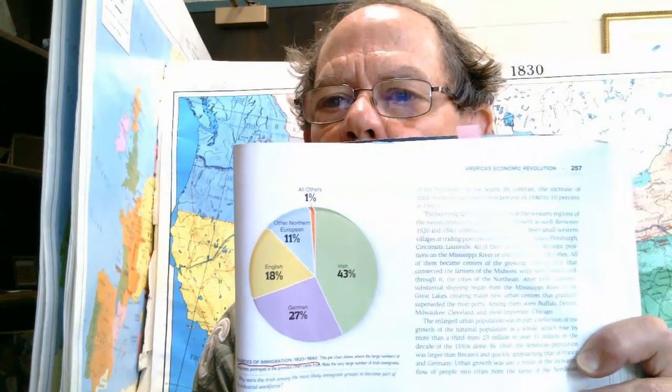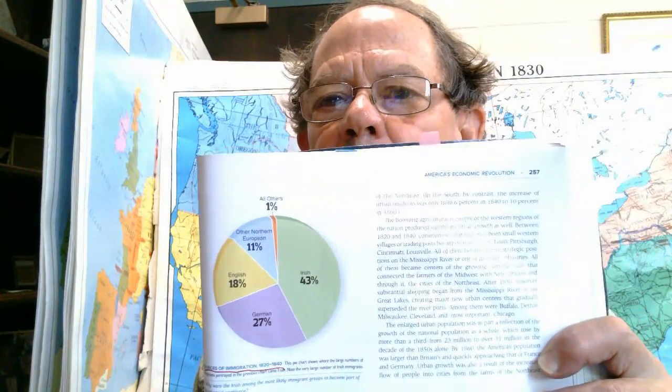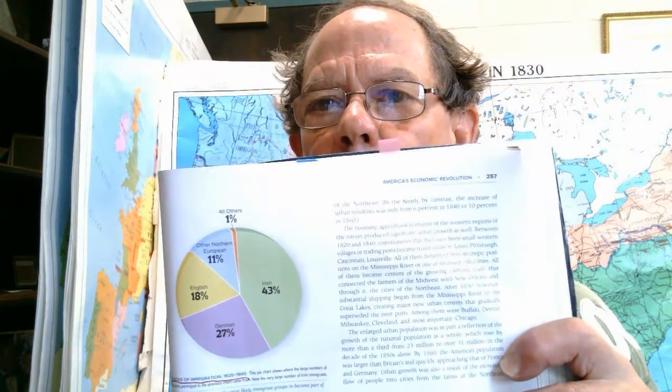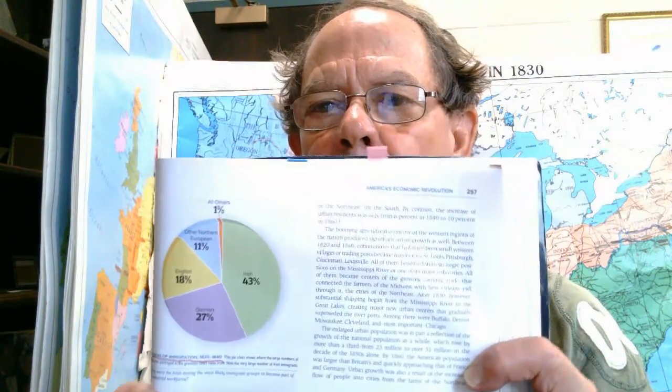And where are these people coming from? Once again, we'll stay with our textbook here. And if you have your textbook, you can look at it and follow along. Since everything is backwards, it's hard for me to identify these places, but you'll see that 40% of the population came from Ireland. That's my ancestry. I'm proud of that. And if you look over to Germany, that's 27% of the population.